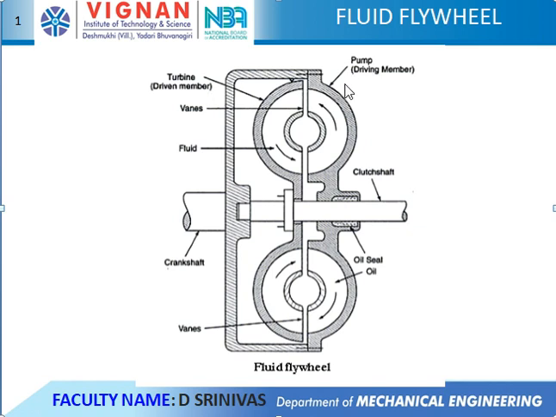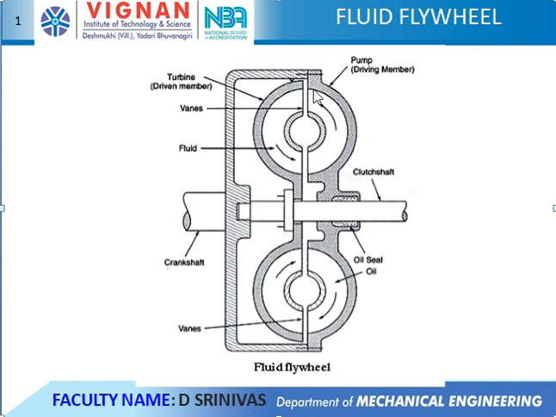You can see that here a clutch shaft is mounted onto the turbine, which we can see in the shape of a C, and the same thing is mounted on the clutch shaft, and there is another part in the shape of a D. Here you can call it the pump, and this is completely an integral part driven by the crankshaft.